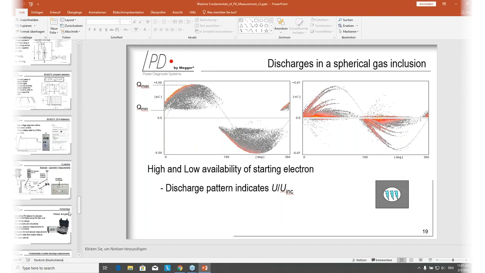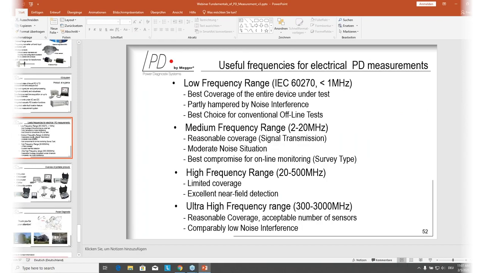That's what the author of this question is writing. But he is saying that it can be expanded by a larger number of sensors. Yeah, so the answer is yes, we can expand the coverage by placing more UHF sensors on a transformer or on a GIS.